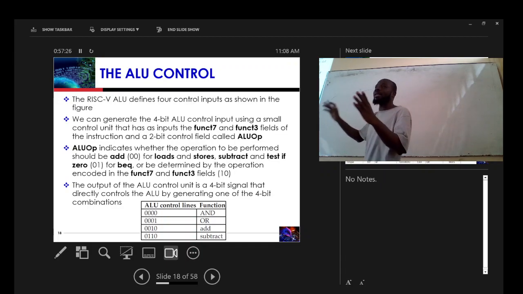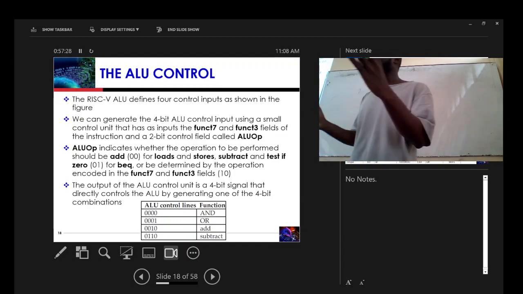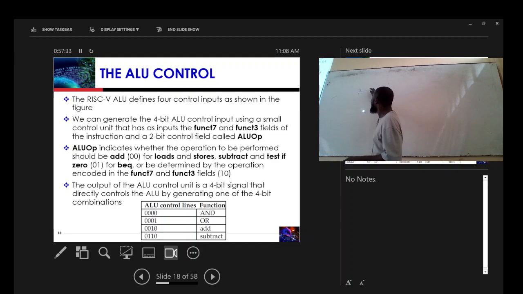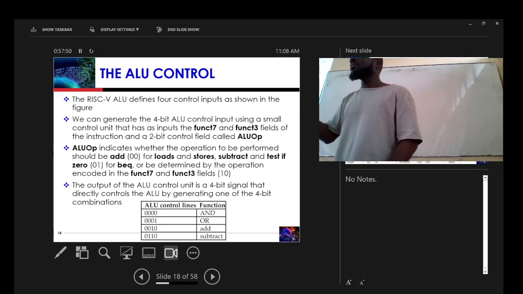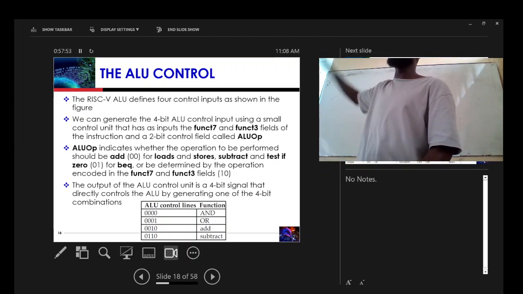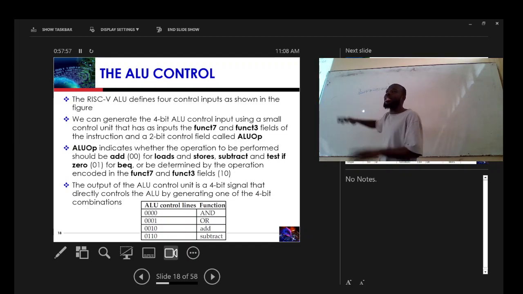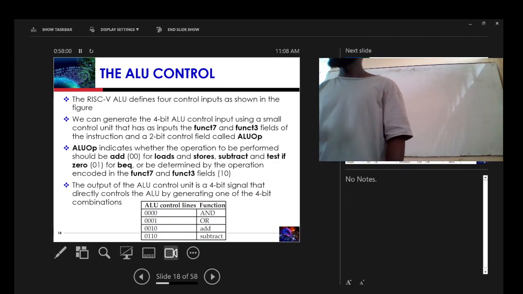We need to know the opcode in order to perform addition or subtraction or AND or OR, and then we need funct3, and then we need funct7. Please pay attention. We need the opcode, but the opcode is not really enough because the opcode for arithmetic instructions is all the same. So we need funct3 and then funct7 to determine the actual operation we are doing.